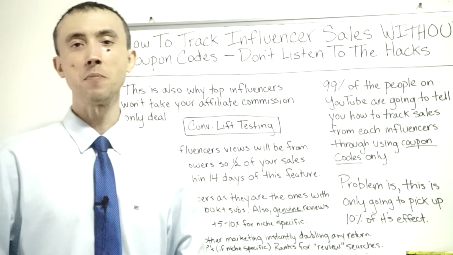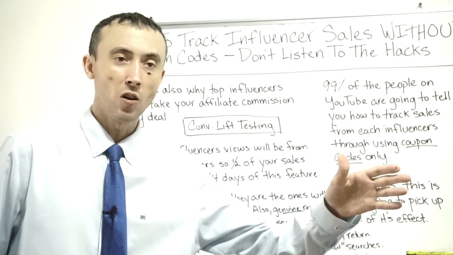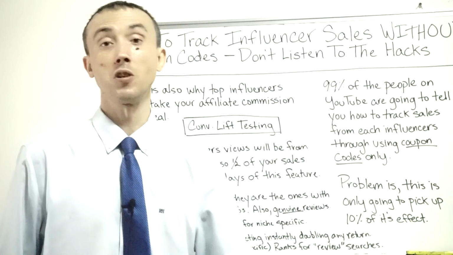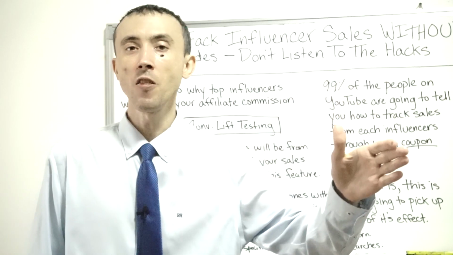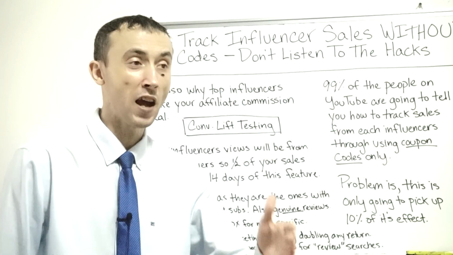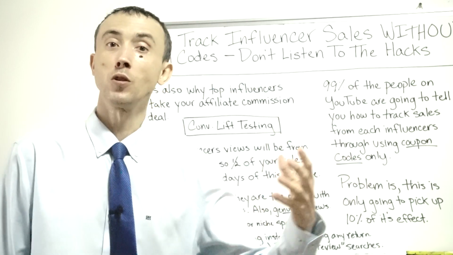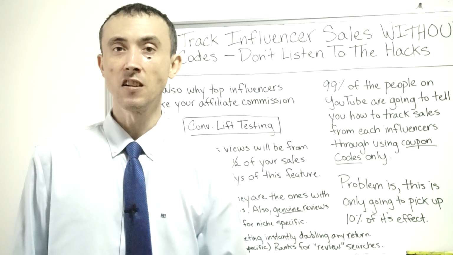There's a lot of dumb people out there that are going to say, hey, Mr. or Mrs. Influencer, you should promote my product or service, and I will give you 10% of all the sales you get from it. We'll track, here's an affiliate link, here's a discount code, we'll track all the sales that come from you, and we'll give you 10% of the cut.